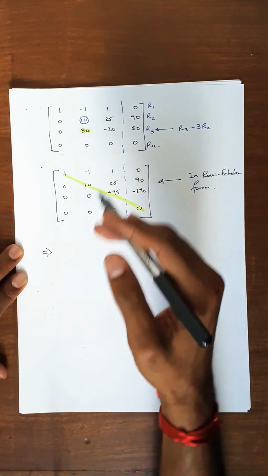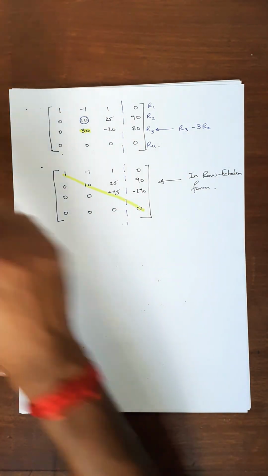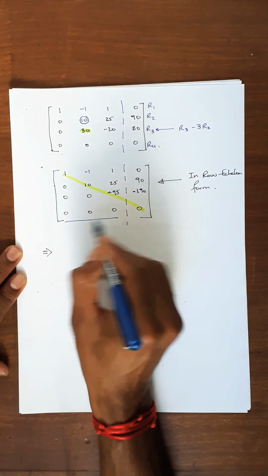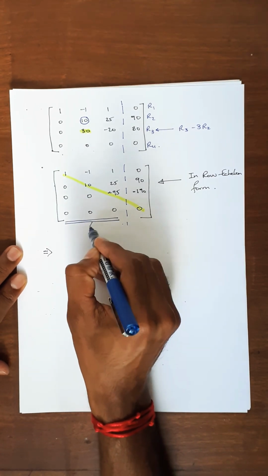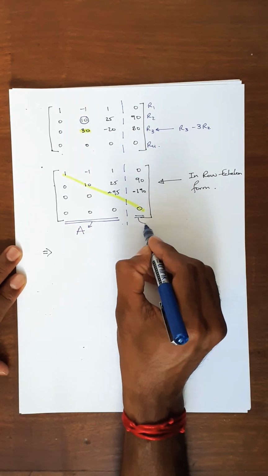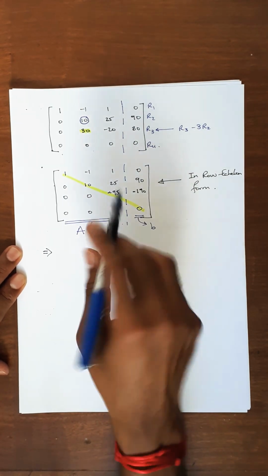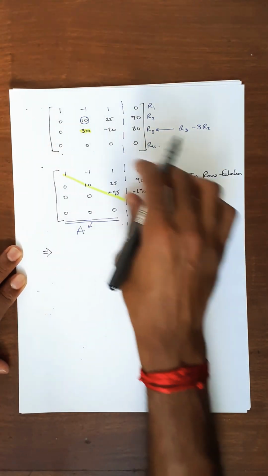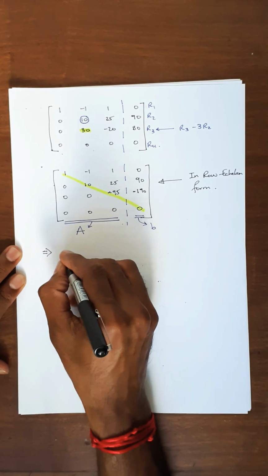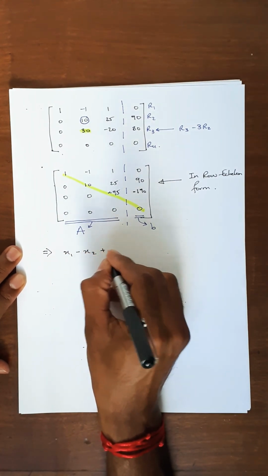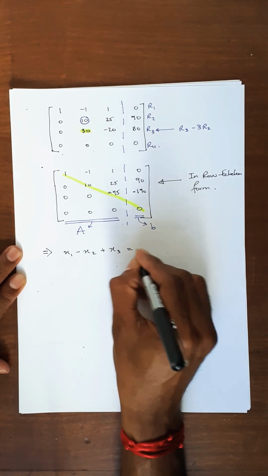So having this form here, don't forget that these are the entries in your matrix A, and these are the entries in your vector B. Reduced in this form, I now have a system of linear equations given like this.